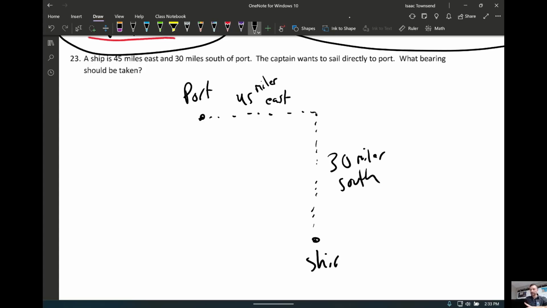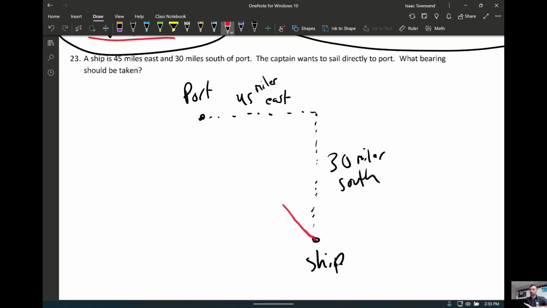Here's the ship. It's very easy if you don't label these points to accidentally put your ship here and your port there, which is important if you're trying to give directions like a bearing. The directions you would give from your house to school are different than the directions you would give from school to your house. It makes a difference which one's the port and which one's the ship.